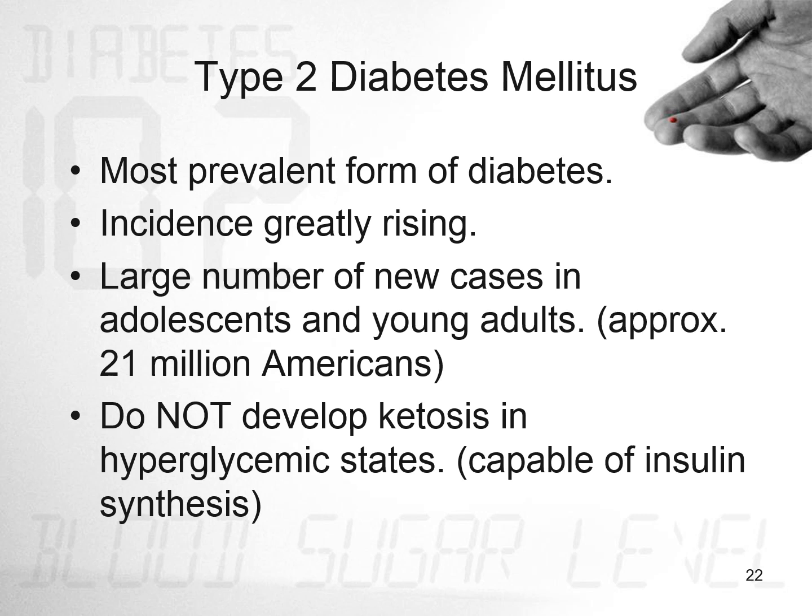These patients do not develop ketosis and the hyperglycemic states because they are capable of insulin synthesis. So this is not to say that they can't develop ketosis, because anybody can, but it would probably be from something unrelated to the diabetes type 2, because ketosis is a normal metabolic process.